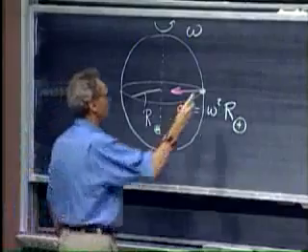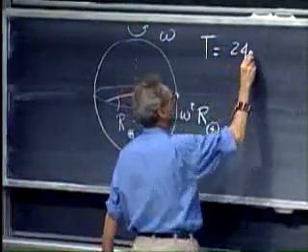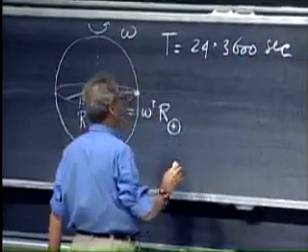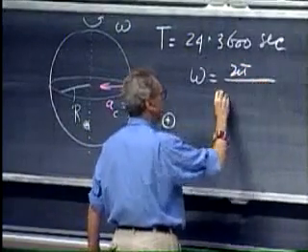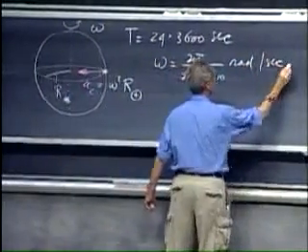Well, the period of rotation for the Earth is 24 hours times 3600 seconds. So omega equals 2 pi divided by 24 times 3600, and that would then be in radians per second.